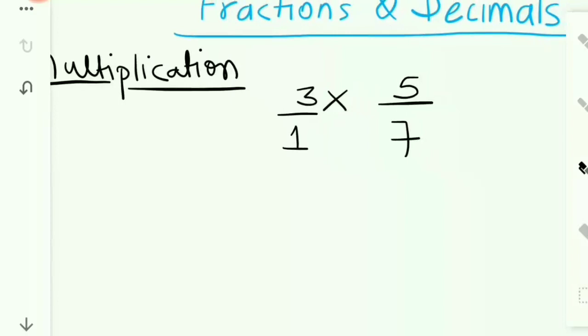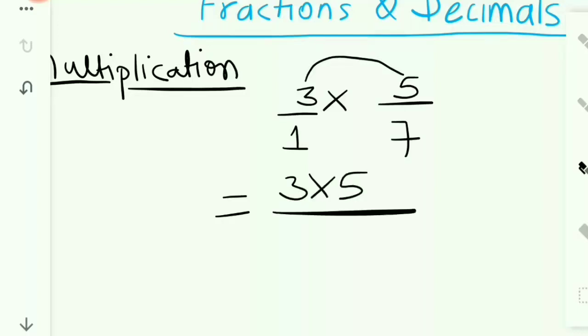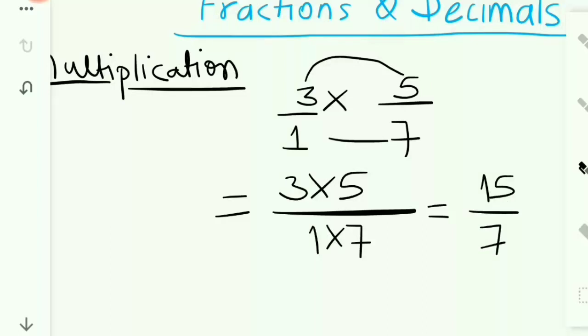And while multiplying, we multiply numerator by numerator, 3 into 5, and then we multiply denominator by denominator, that is 1 into 7. So what do we get here? 5 3s are 15 by 7. So multiplication of 3 into 5 by 7 is 15 by 7.